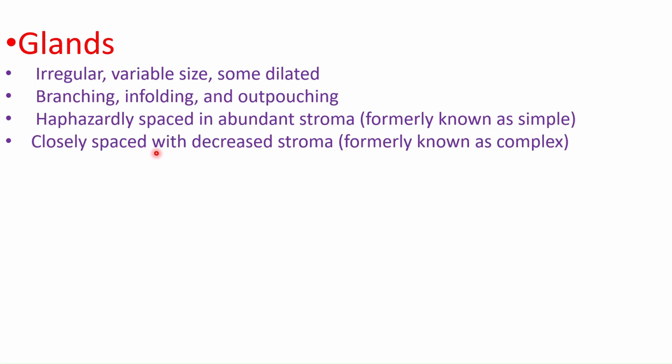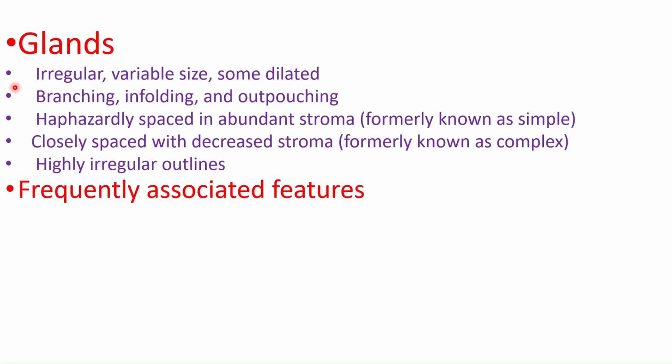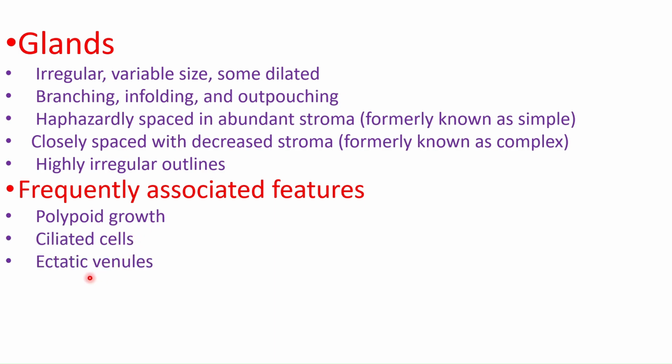If closely spaced with decreased stroma, formerly known as complex, with highly irregular outlines. Nuclear and glandular features are important, but frequently associated features are polypoid growth, ciliated metaplasia, ectatic venules, and breakdown and bleeding.